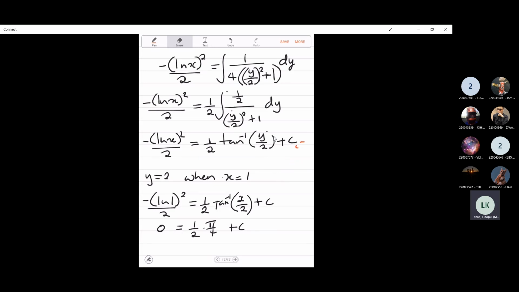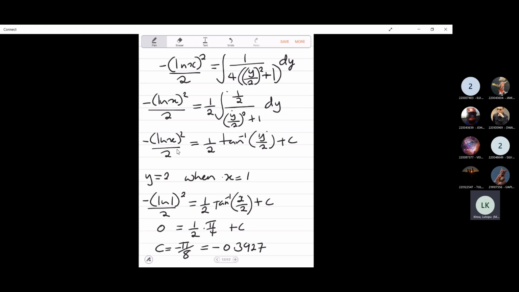Okay, so then we have C is equal to minus pi over 8. I said we should write this to 4 decimal places, so this is minus 0.3927. Then with this C, I will just put it over here, and that will give me my particular solution.